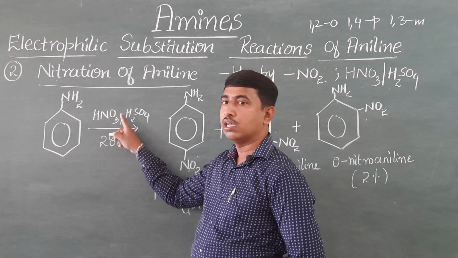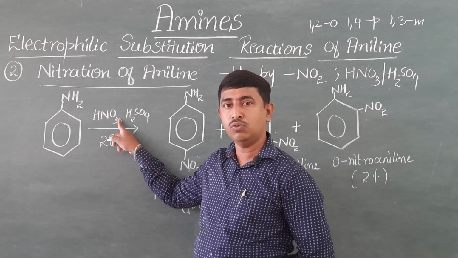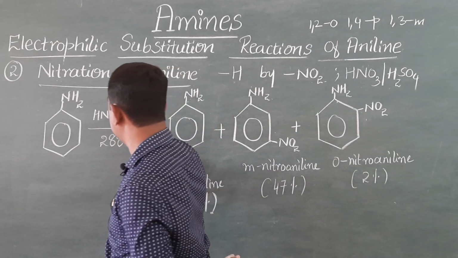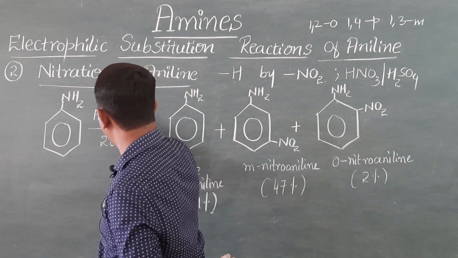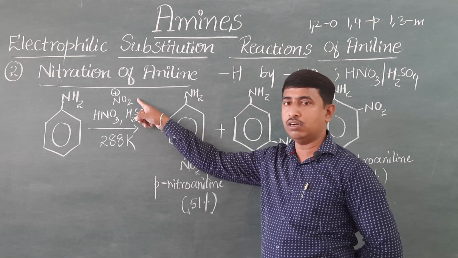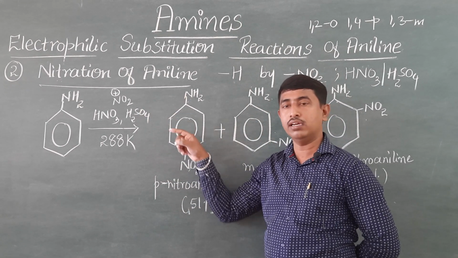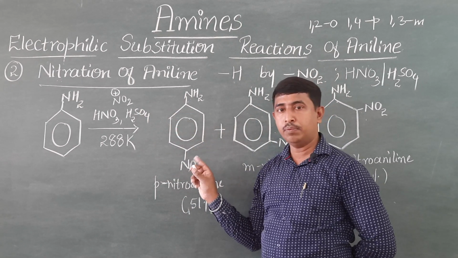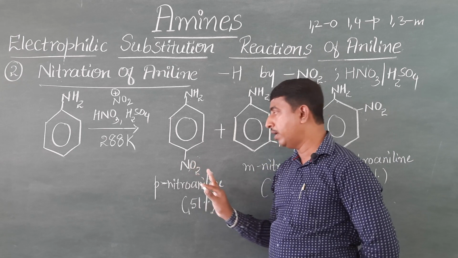So in nitration, the electrophile, that is NO2 plus, the nitronium ion, has to attack the ortho and para positions only.